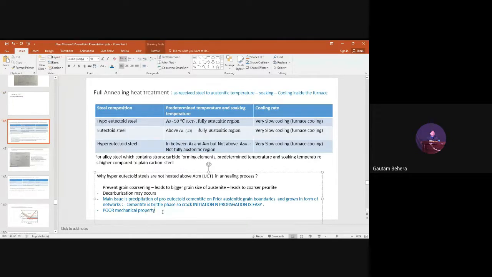Poor mechanical properties will be obtained if steel is heated above SCM.